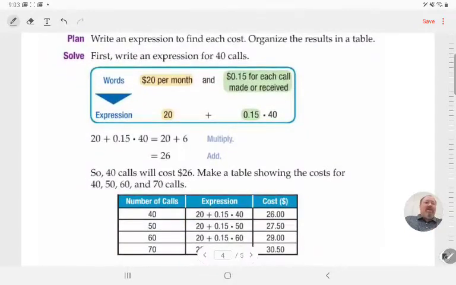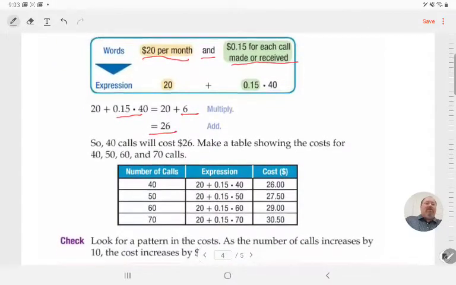So if we look, it's $20 per month and 15 cents for each call made or received, which would be 20. The and would be plus 15 times 40. In this case, we're looking for number of calls of 40. So then we could solve that. Remember that we do multiplication first, then we do the addition. So for 40 calls, we would end up with $26.